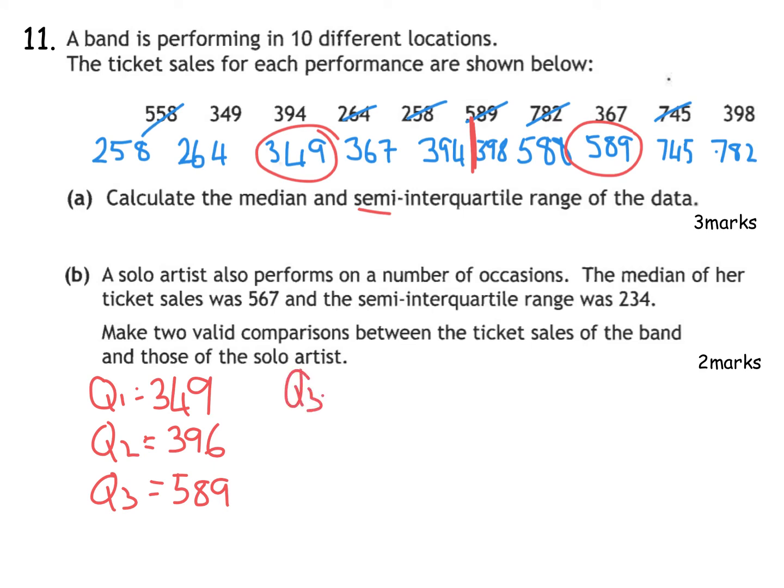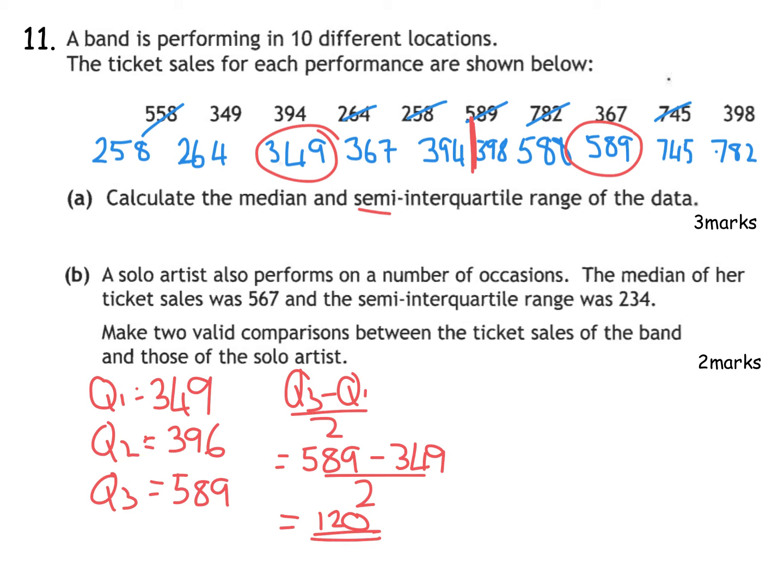So it's Q3 minus Q1 all over 2, which is 589 minus 349 all over 2. And when you work that out on my calculator, you get 120. Okay, so the semi-interquartile range is 120.